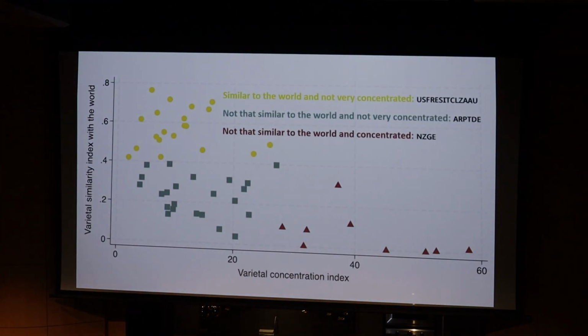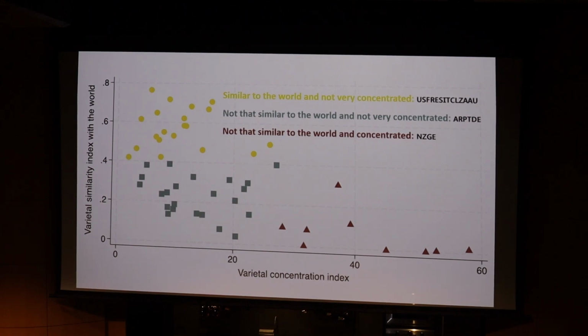Now here, I'm showing both indexes. So we can see the varietal concentration index in the horizontal axis and the varietal similarity index in the vertical axis. And there are three groups of countries. The most important group of countries is this of yellow circles, and that is because four-fifths of the world's wine grape area is planted in those countries.